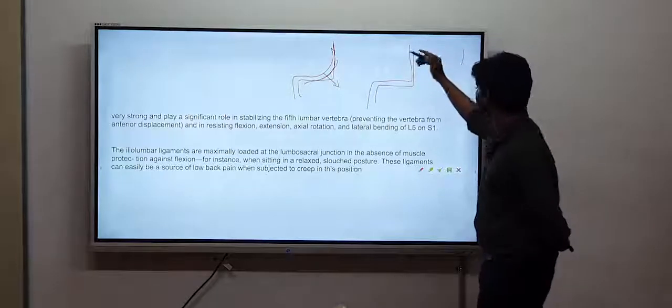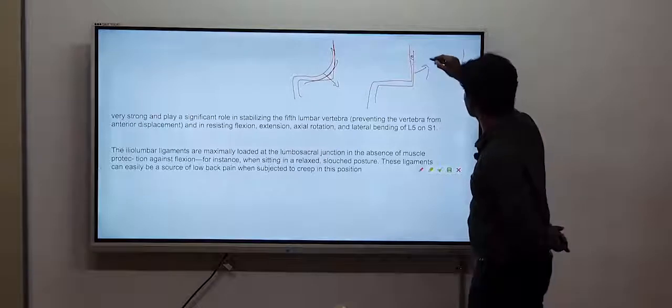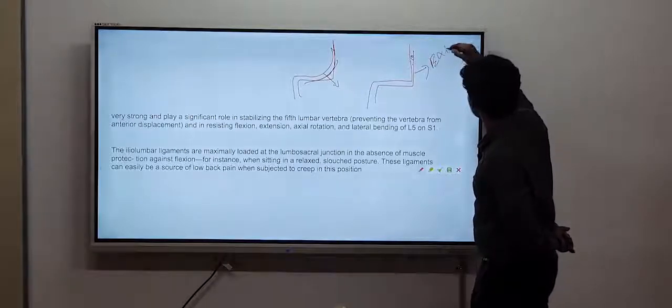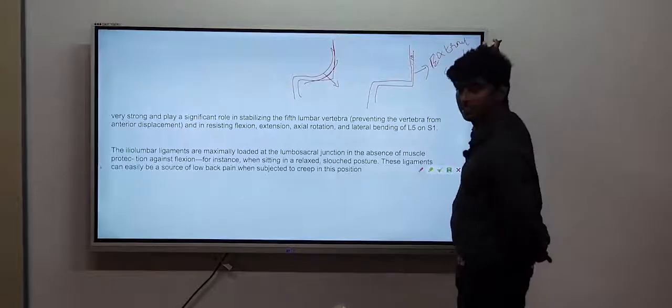So in this all the muscles will be relaxed due to the external support, whatever the support.